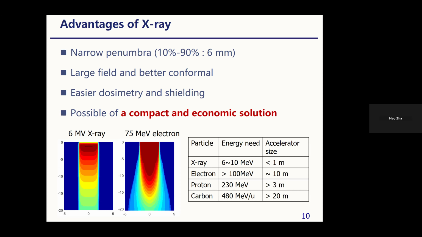That brings an accelerator size of less than 1 meter. For electrons, if you want more than 100 MeV, the accelerator is a 10 meter long machine. And for protons, if you use a superconducting cyclotron, you can have a facility of about 3 or 4 meters. It's still very large, but for carbon facilities, it's mostly 20 meters.